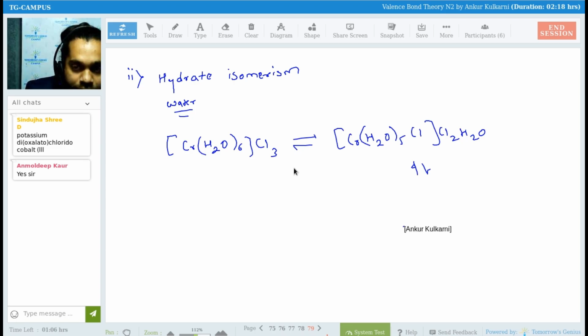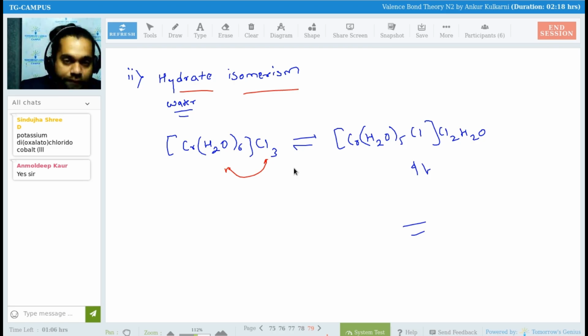Are you getting it, everyone? Come on, draw it yourself now. Jason, are you getting it? Same ionization, same exchange. Only thing is over here, my ligand is water. So if a water molecule is getting exchanged from the ligand to the counter ion or from the counter ion to the ligand, it is hydrate isomers. Come on, write down the example, draw the third molecule, and say done in the chat box. That is your hydrate isomerism.